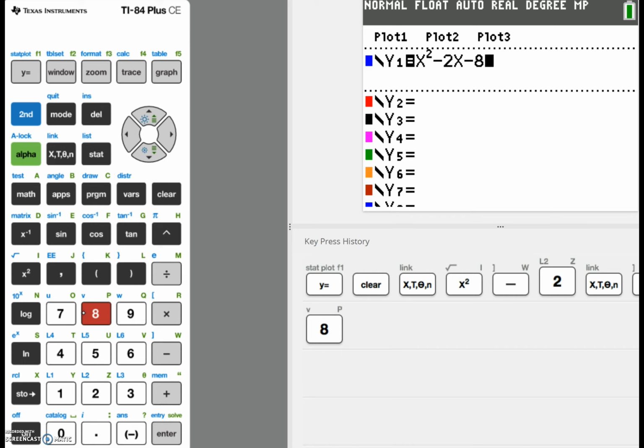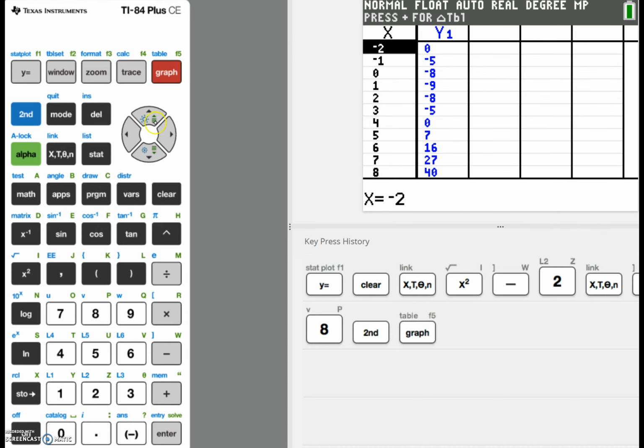So we're looking for when y is equal to 0. When I look at my table, I should see negative 2, 0 and 4, 0. So I know my roots have to be when x equals negative 2 and when x equals 4, because that's when y is equal to 0.